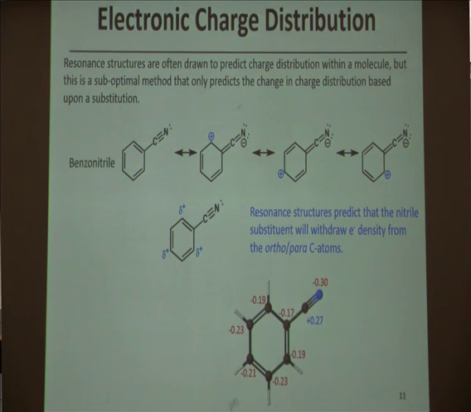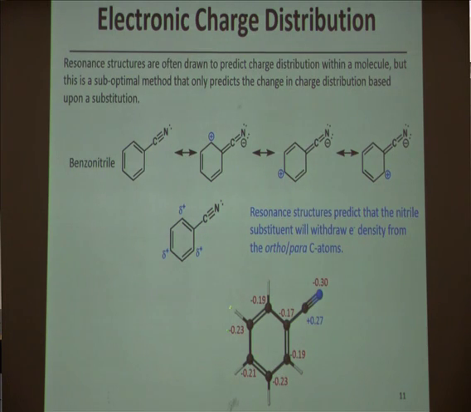What isn't true is that those carbon atoms are actually positive. All of the carbon atoms that are part of that aromatic ring have a negative charge when we look at the NPA charges. And that occurs because those carbons are bound to less electronegative hydrogens. And the charge on carbon atoms attached to hydrogens is generally going to be negative.